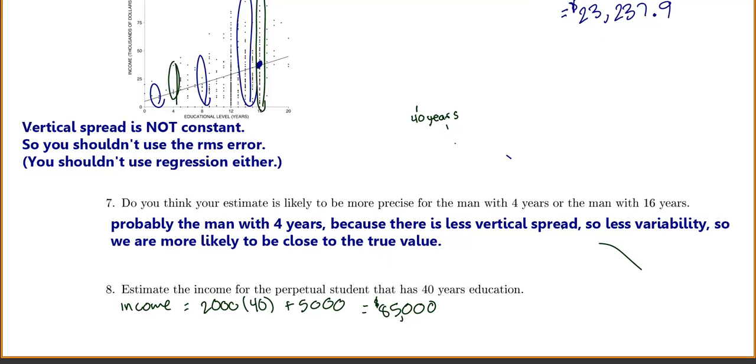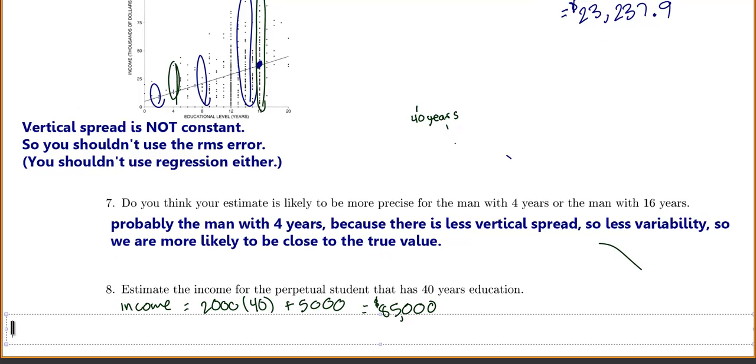But this was extrapolation. 40 years was very far from our original data that only went from 0 to 20 years. And so because it was extrapolation, it probably isn't an accurate prediction.